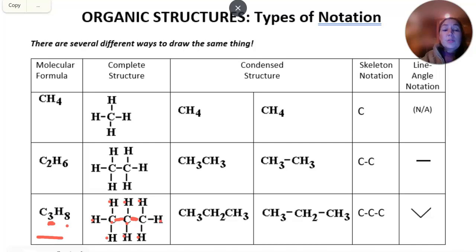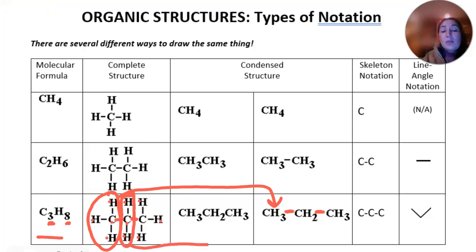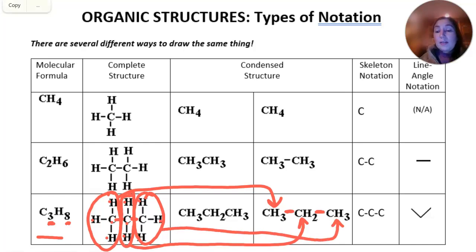Well, that's 6 plus 2 more, which is 8 hydrogens. So in our condensed structure, we still have a line for each CC bond, and we have CH3 on the end. Well, that corresponds to this CH3. Then we have CH2 in the middle. That corresponds to the middle carbon. And then we have CH3 on the end. That corresponds to the end carbon on the right.